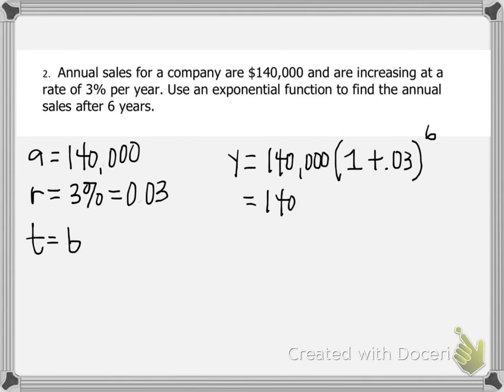So it's going to be 140,000, and that's going to be 1.03 raised to the 6th power. So 1.03 raised to the 6th power times 140,000.